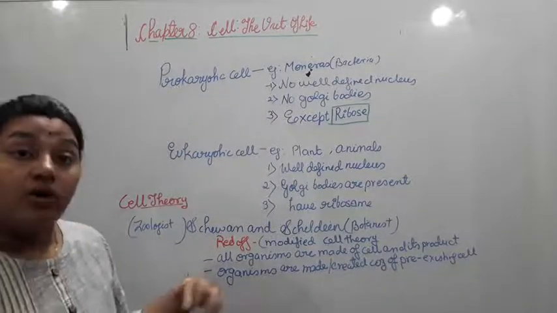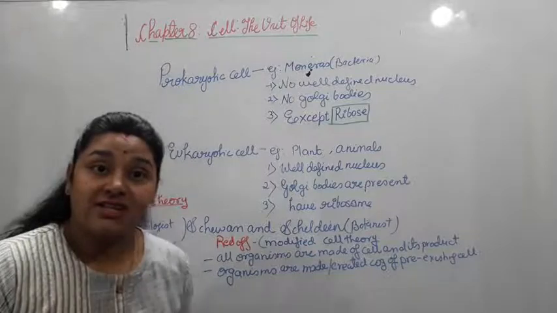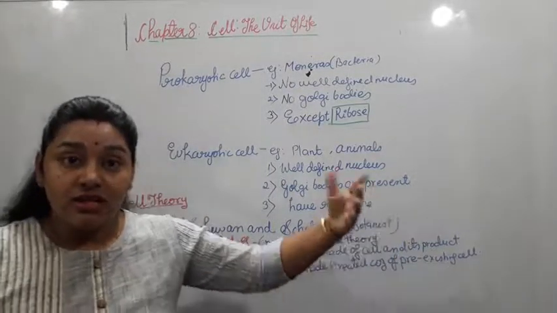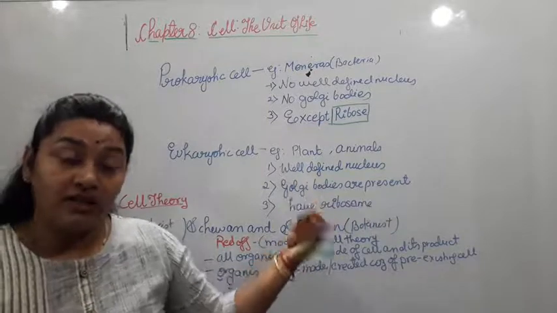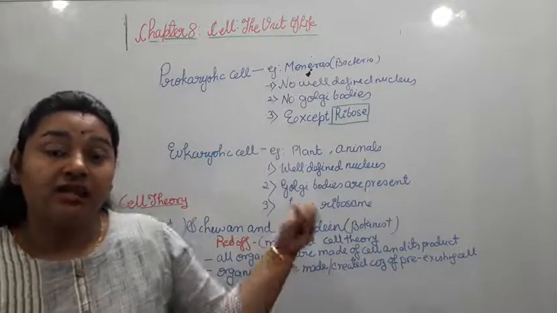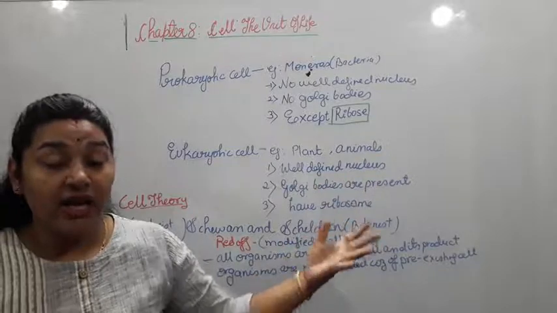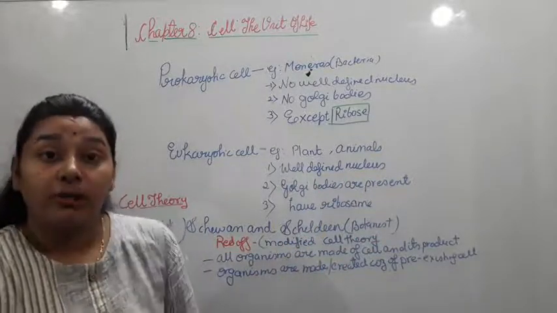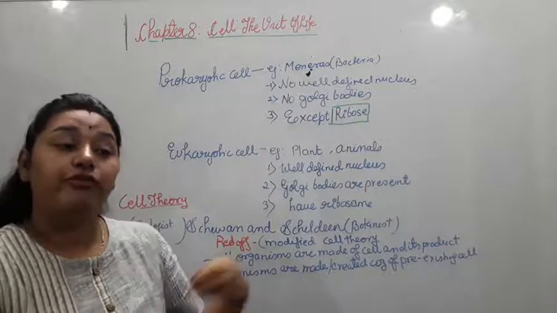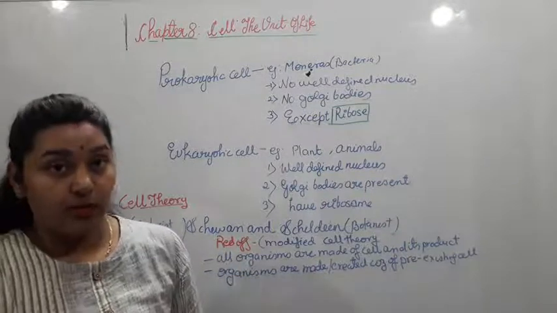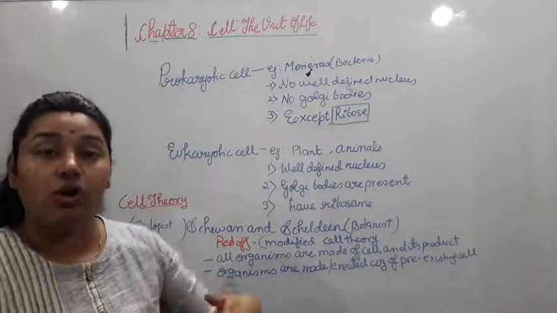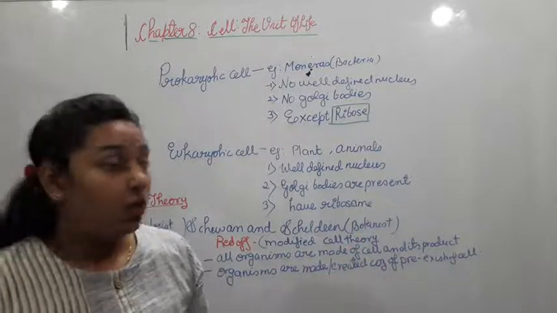So all organisms are made from the pre-existing cell because they all are daughter cells, right? If a plant is there, then from the plant seed another plant is going to develop, right? And it develops because of the gametes of the particular plant. So from one cellular body the other cellular body is developing, and that is how the continuation of the species goes on.